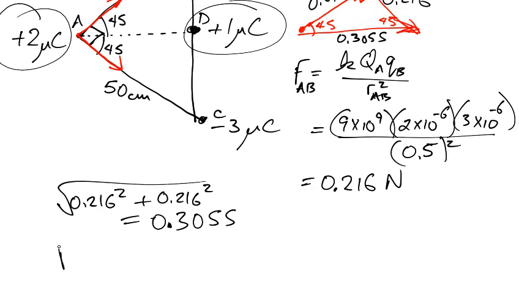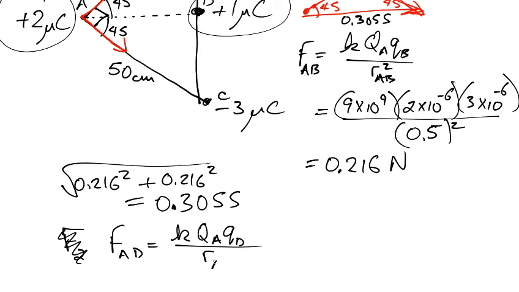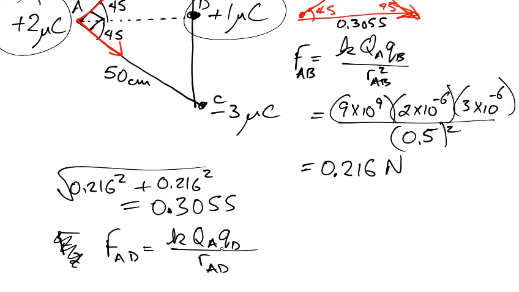So let's find force on 2, sorry, not 2. Let me write that again. The force on A due to D, that's K QA QD all over R AD squared. What's that going to equal?